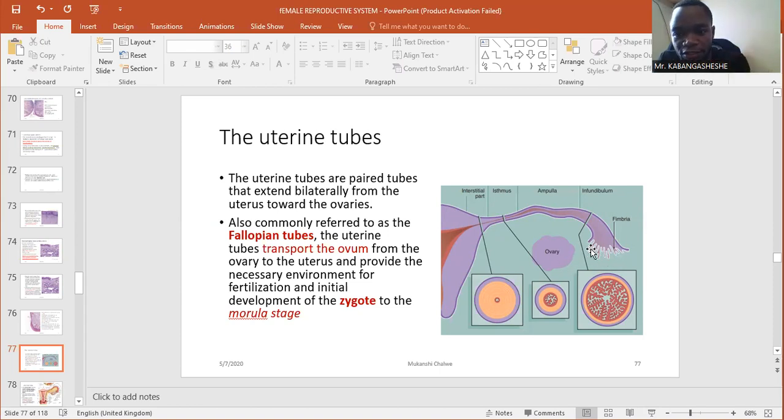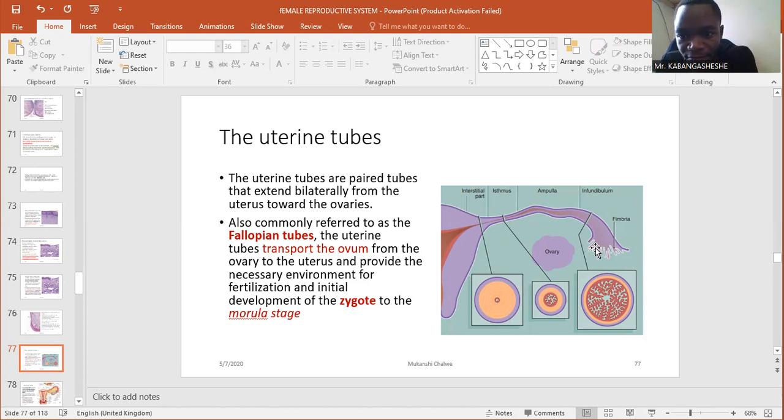So towards ovulation, the fimbriae migrate closer to the external surface of the ovaries and begin to massage the ovary, so that in the event that the ovary ovulates, that ovum should not fall in the abdomen. It has to be picked up by the fimbriae. So the fimbriae are closer here during ovulation and pick up the ovulated ovum.